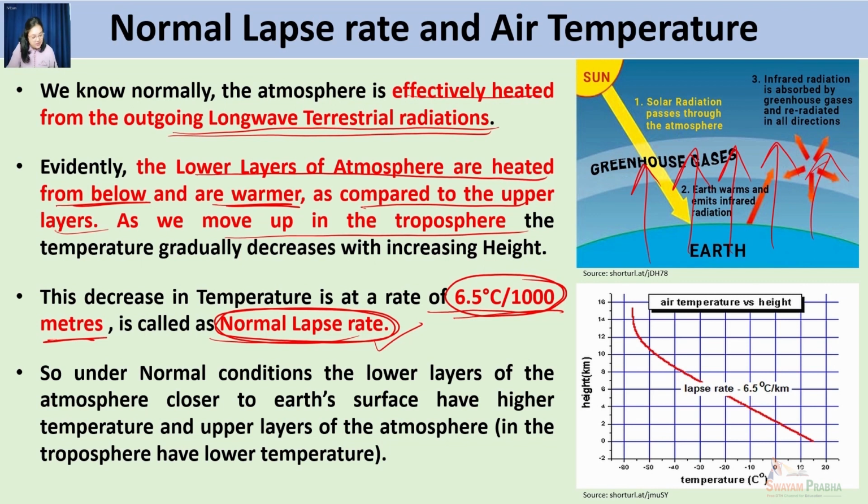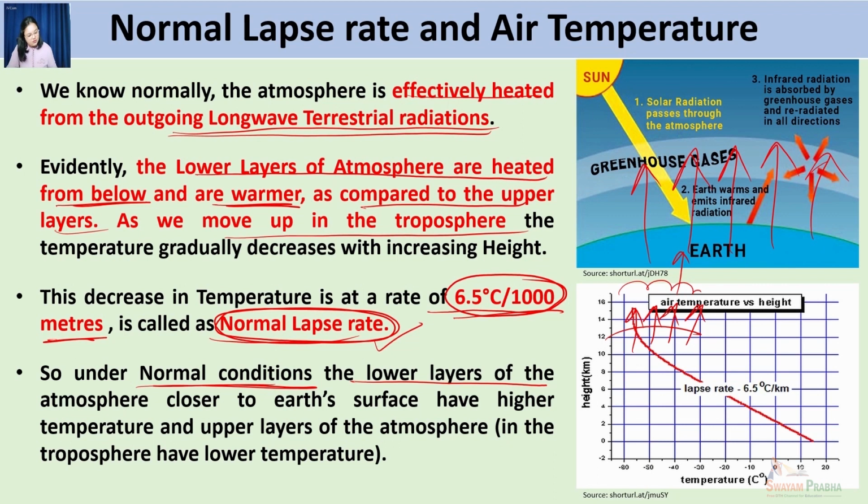So under normal circumstances, because of this normal lapse rate, the lower layers of the atmosphere, because they are heated first, are warmer, and then gradually as we move up, because air is a poor conductor of heat, it transfers heat very slowly and gradually and only to a few meters or kilometers in the lower layers of the atmosphere.